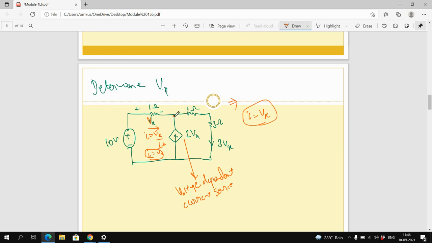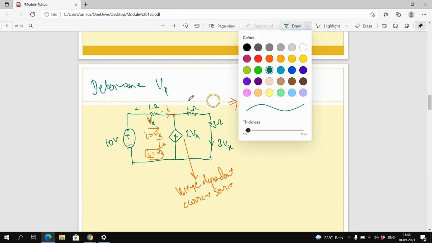Now in this node, this is I, right? I current flows through this branch, and this is 2x current entering this node. So what is the net current flowing out of this branch?